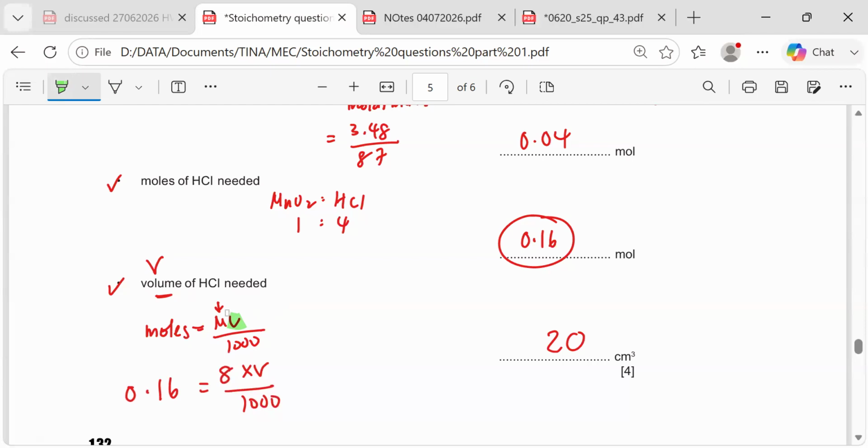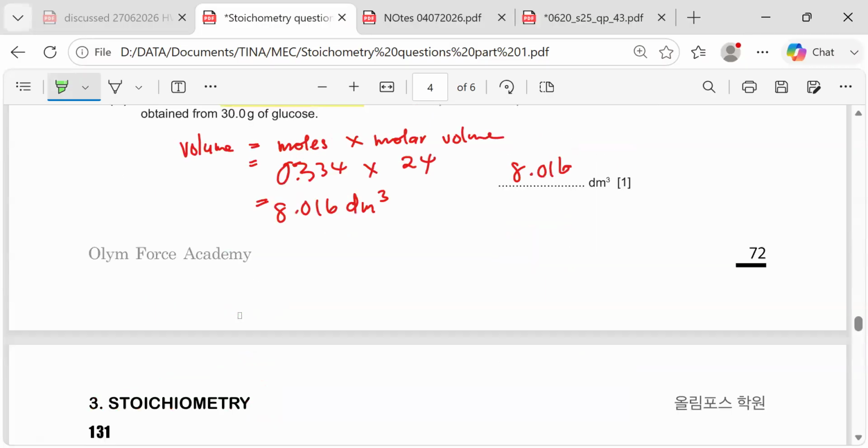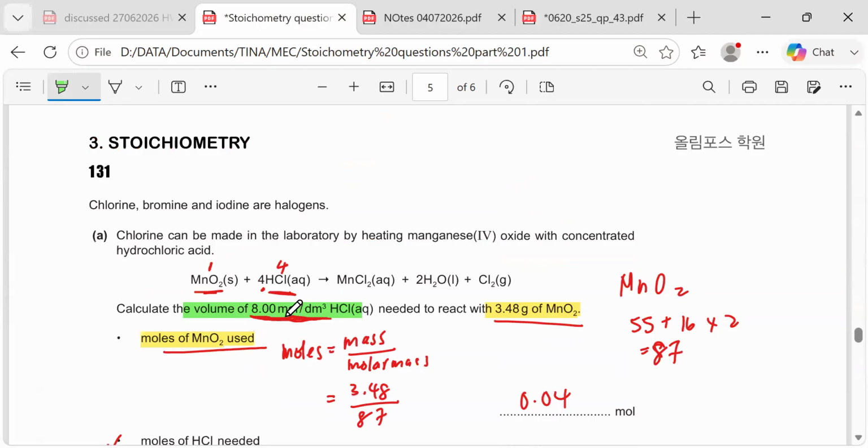Because it's copper nitrate. Count lah! Take out your periodic table and count. So this question is asking you for V. You have M. The question gives you M there. This is M. So it's algebra only.